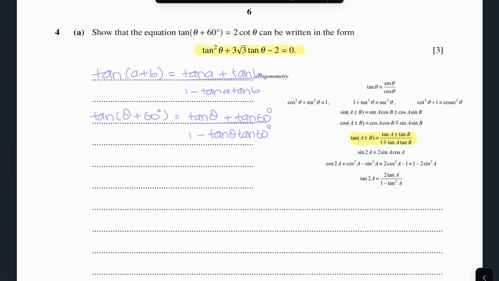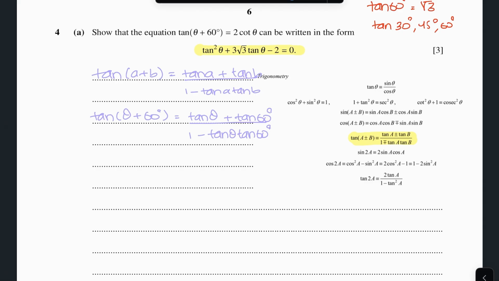Now, what is the value of tan 60? We could put it in the calculator, but instead we need to know the exact value. You should know that tan 60 degrees is root 3. Actually, you should know the values of tan 30, 45 and 60 degrees. This would help you do your paper faster and more efficiently.